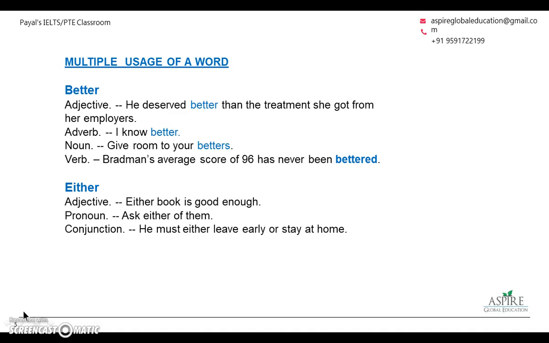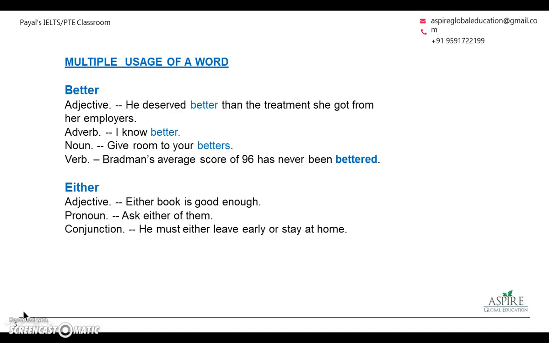So I have to make a choice between the two actions, that either you leave early or you stay at home. So here I am not making a choice between two sentences. It is not acting as a conjunction, but it is describing the book, so it is acting as an adjective. Ask either of them. So here it is acting as a pronoun.